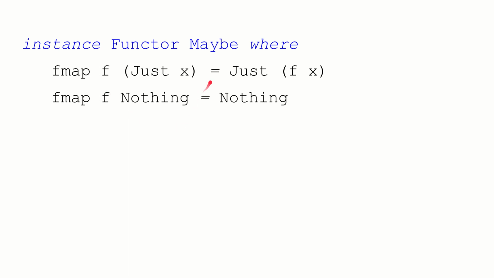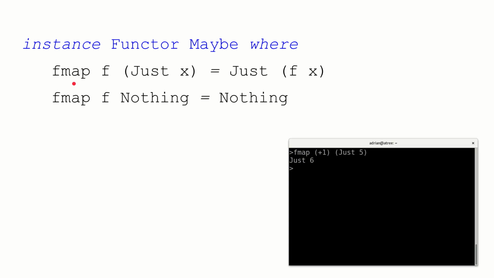So for maybe, what we do, we have our fmap name, this function name. So let's just do this in the console, fmap, and then we have our function that we pass in. So we go +1, and then we have our functor, which is our Just value.